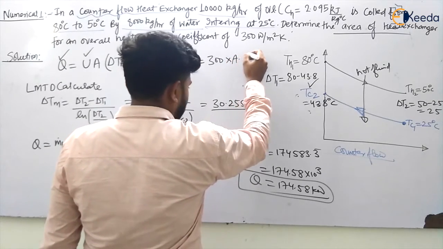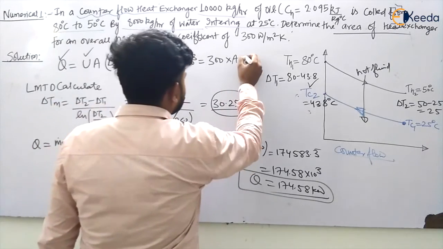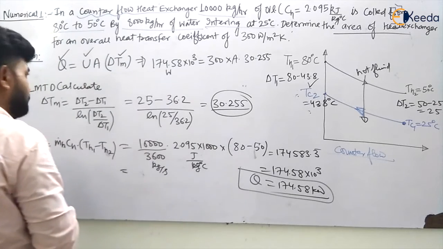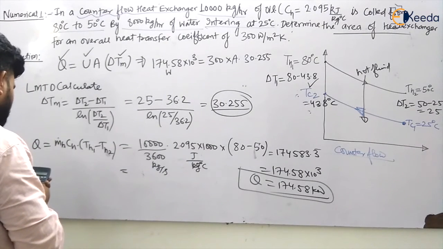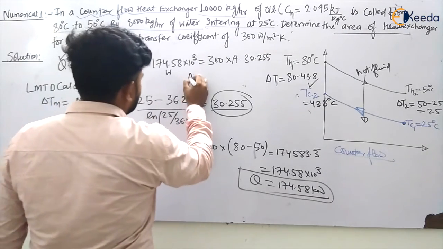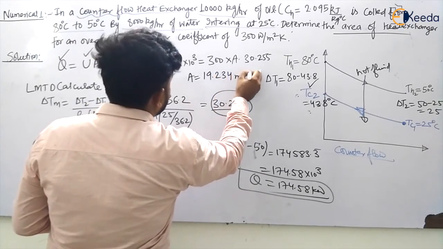Delta Tm we have calculated. That is delta Tm is coming to be 30.255. So let us calculate this. So divided by 300 divided by 30.255. So your area will be equal to 19.234 meter square, my dear students.